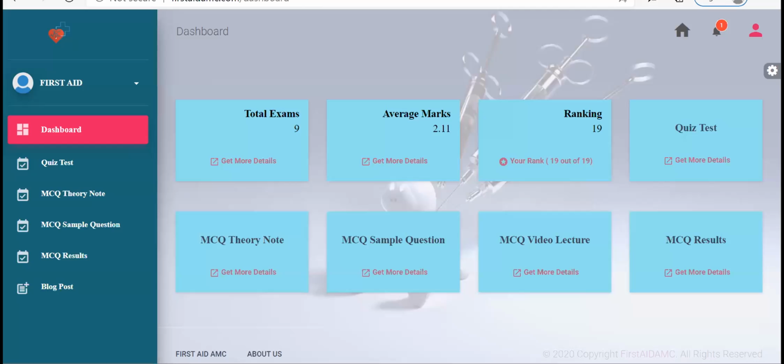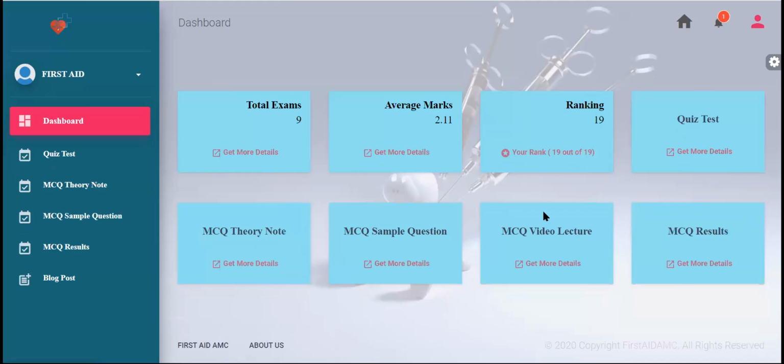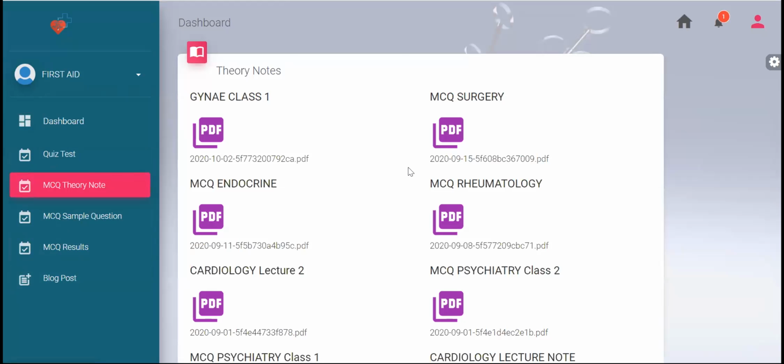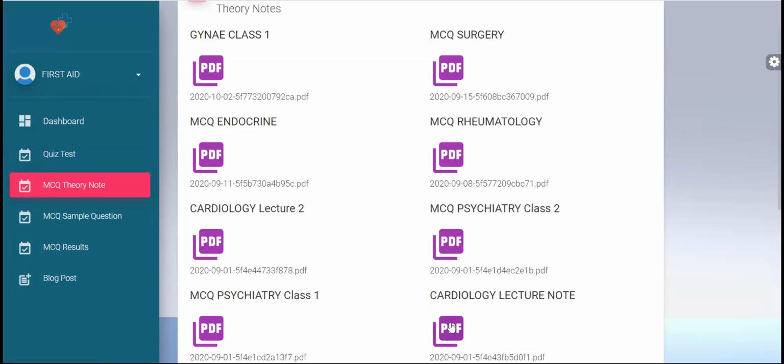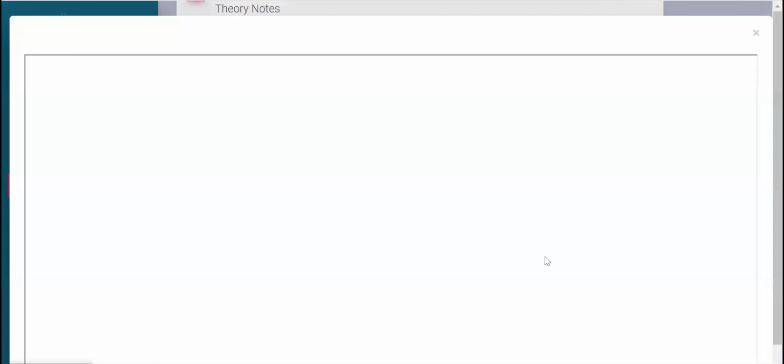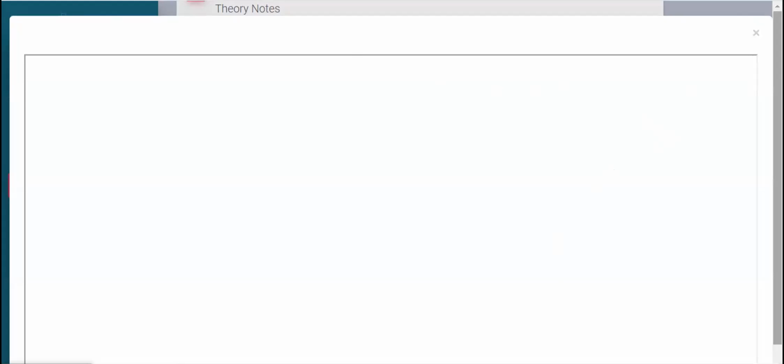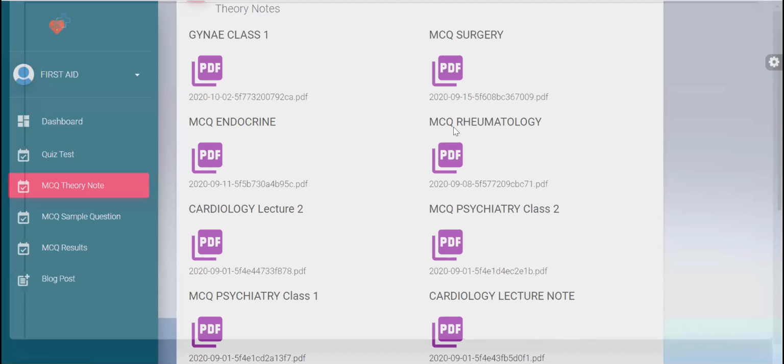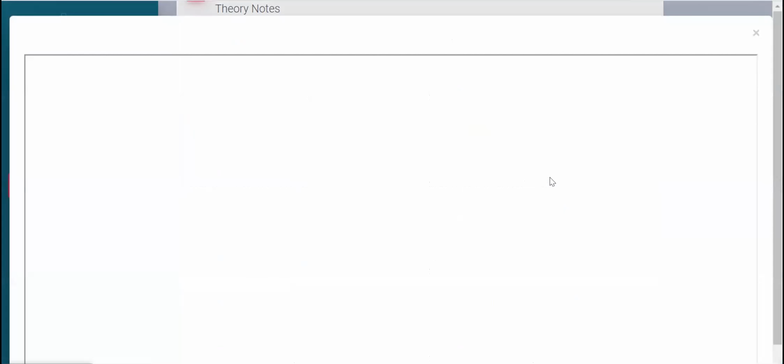So once you go into our software, you should be able to get a lot of important things. If you go into our MCQ theory notes, you will find all the theory notes or the lecture notes here. If I open just one, let's see.